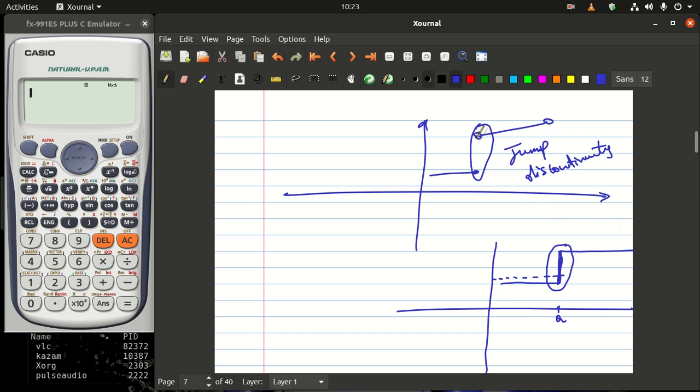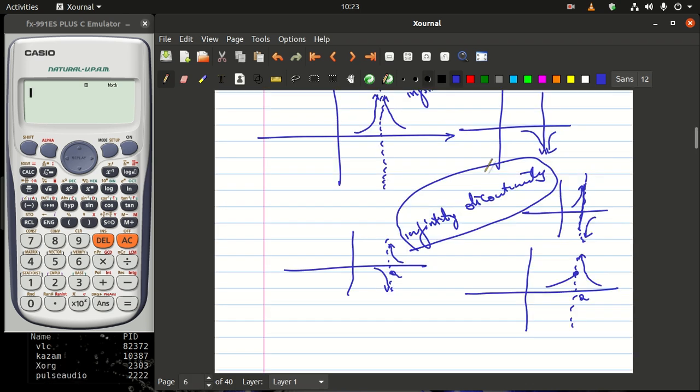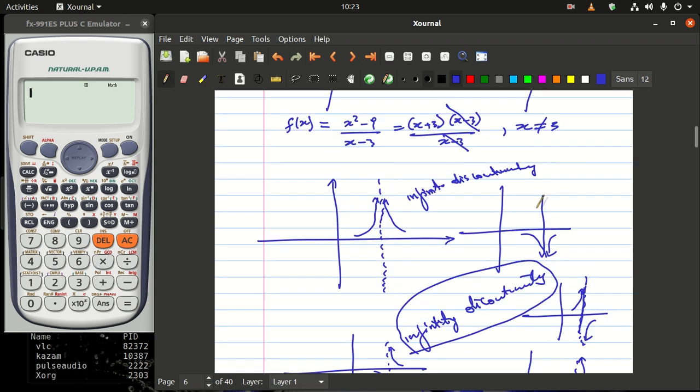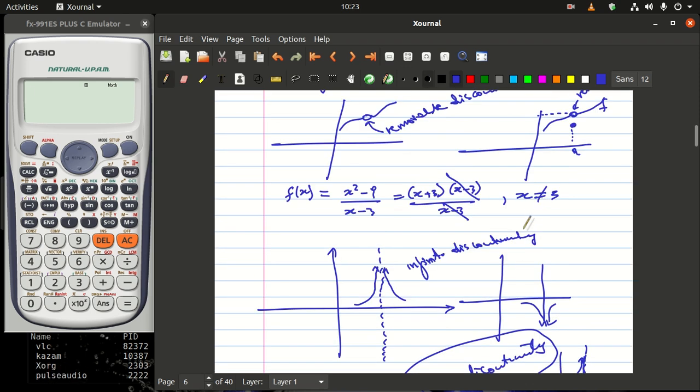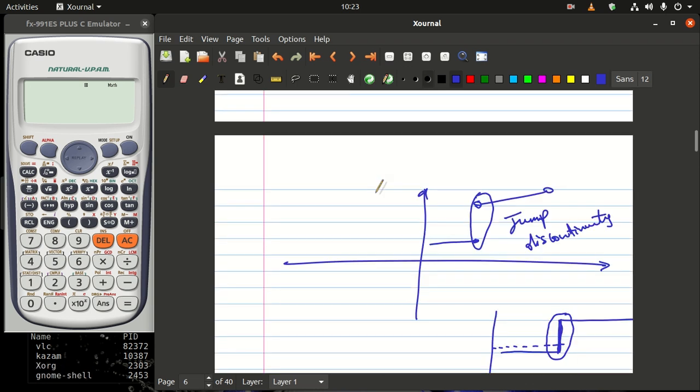Let's only bother about this: we actually have a jump discontinuity, and then here we have an infinite discontinuity when we are around a point that is an asymptote, and then here we have a removable discontinuity.